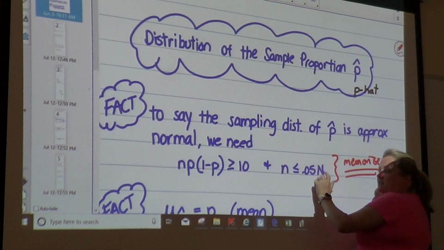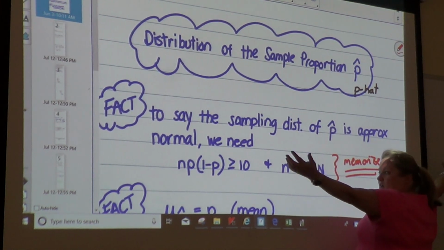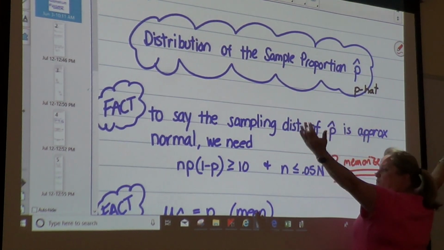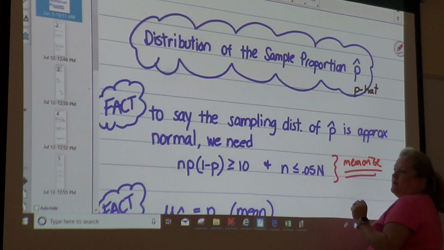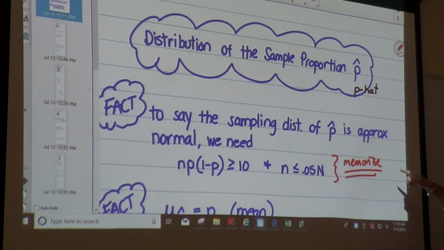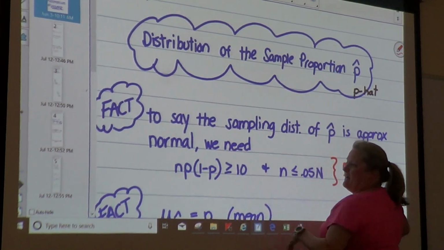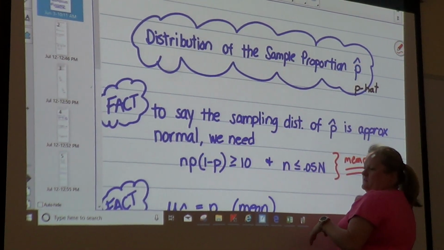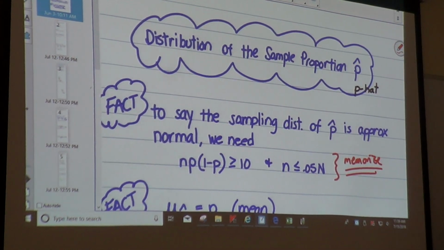There's a difference between little n and big N. I'm going to do several of these so that you don't get confused. In order for it to be approximately normal, both of these have to happen.